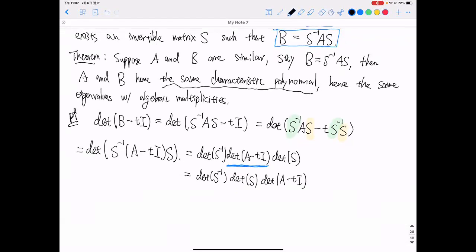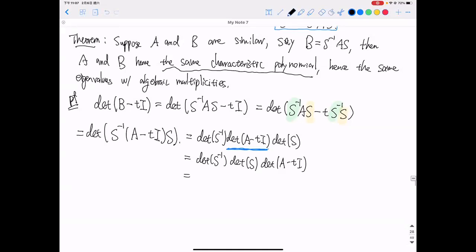Then we can do it again: the product of the determinants is the determinant of the product, and S inverse S is the identity.